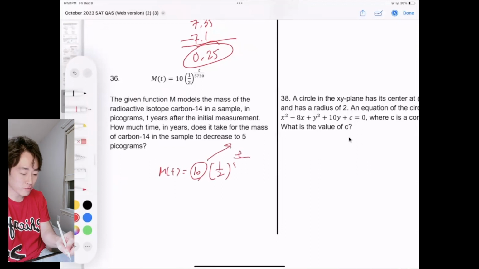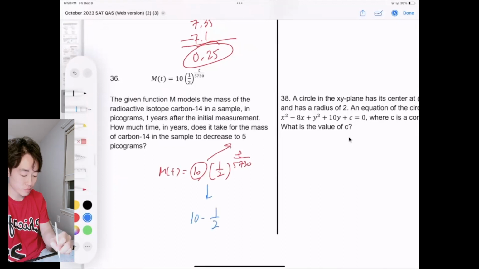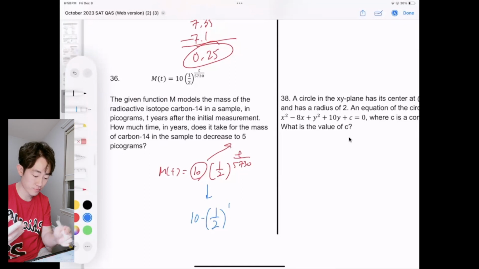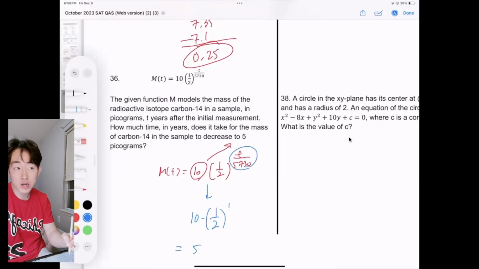1/2 to the t over 5,730. So in order for you to figure this out, you want to make sure you get 10 times 1/2 to the first power. Because if you just multiply by half, you get 5. That's our final result. So what should the value of t be in order for this entire weird-looking fraction to equal 1?